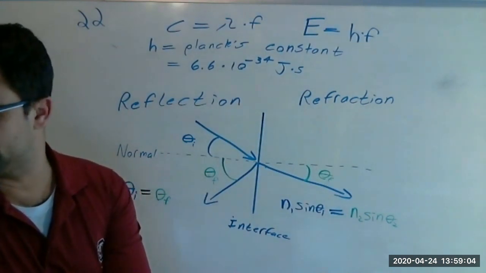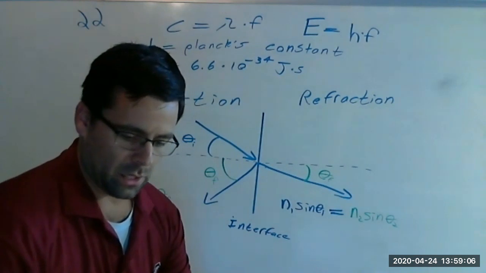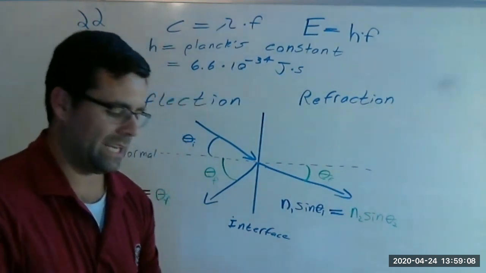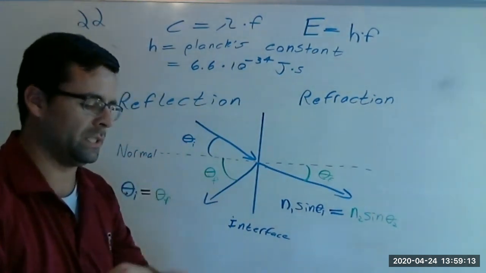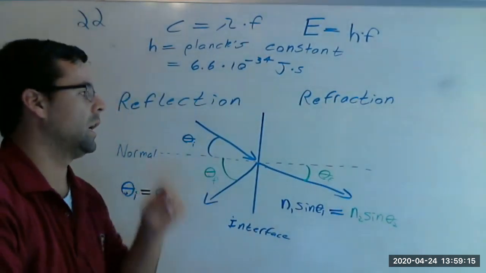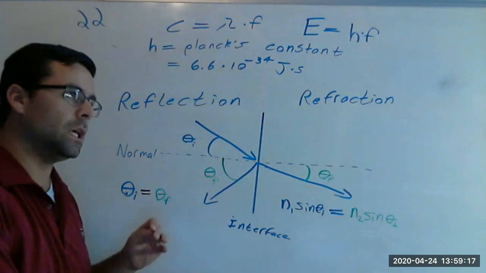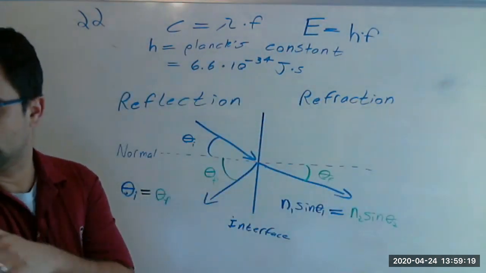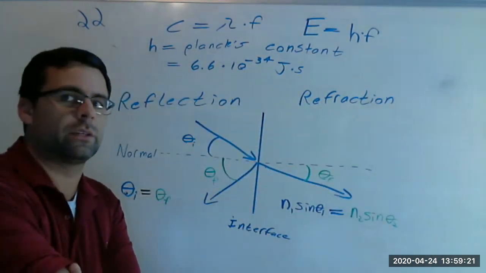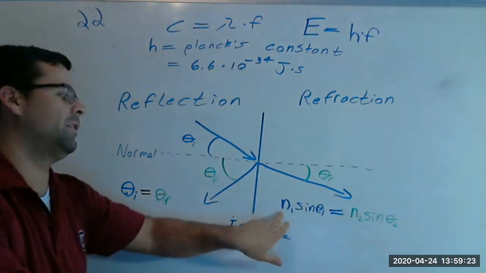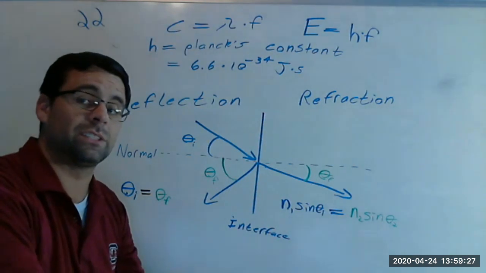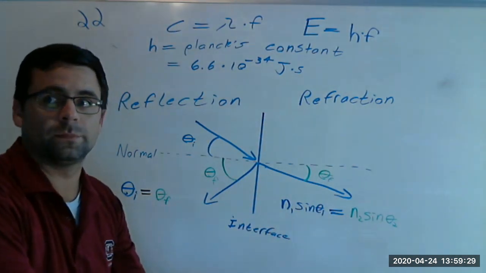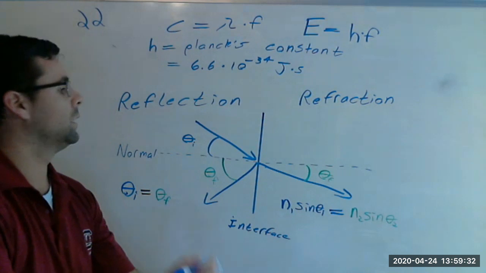And this is based on the fact that as a ray of light goes between two materials, it will travel slower in some materials than others. So the N value is how fast light travels in that material.